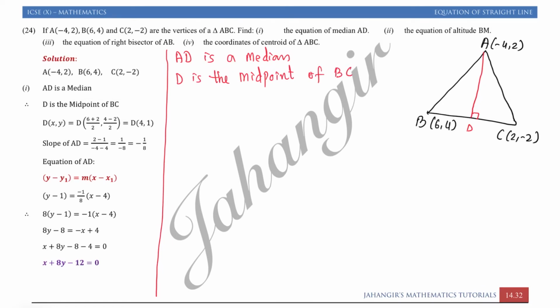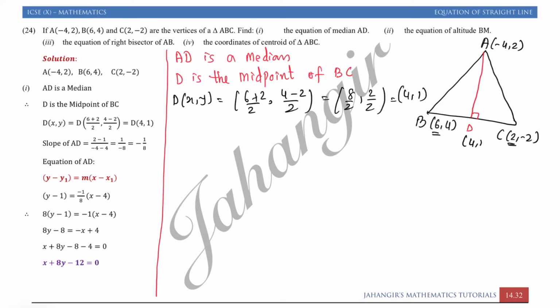So when D is the midpoint of BC, we can find coordinate of midpoint by midpoint formula. So we can say D x comma y is 6 plus 2 upon 2, x1 plus x2 upon 2, comma 4 minus 2 upon 2. So that is 8 by 2 comma 2 by 2, which is 4 comma 1. That is 4 comma 1.